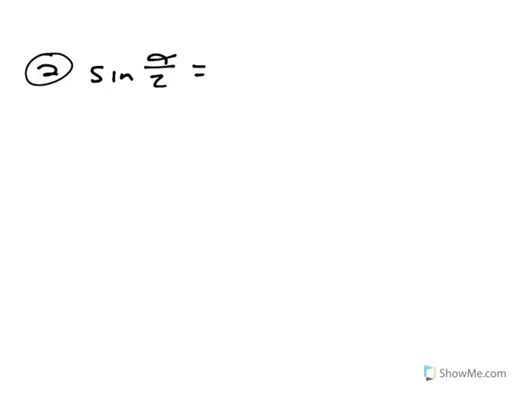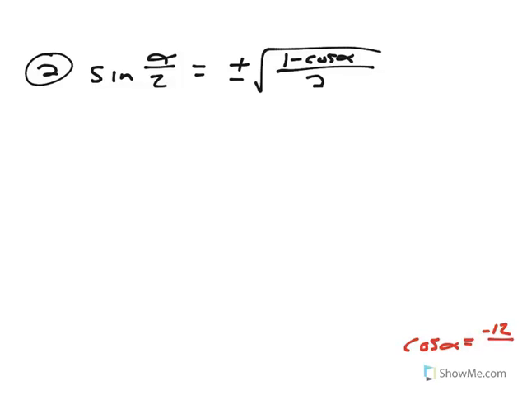Number 2, we're supposed to figure out what sine of alpha divided by 2 is. It's going to be equal to plus or minus the square root of 1 minus cosine of alpha divided by 2. As previously mentioned, we already know what cosine of alpha is because we know that x is negative 12 and r is 13.